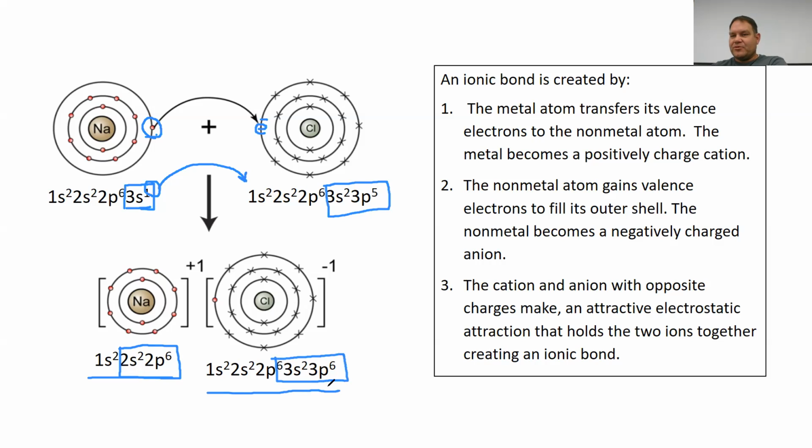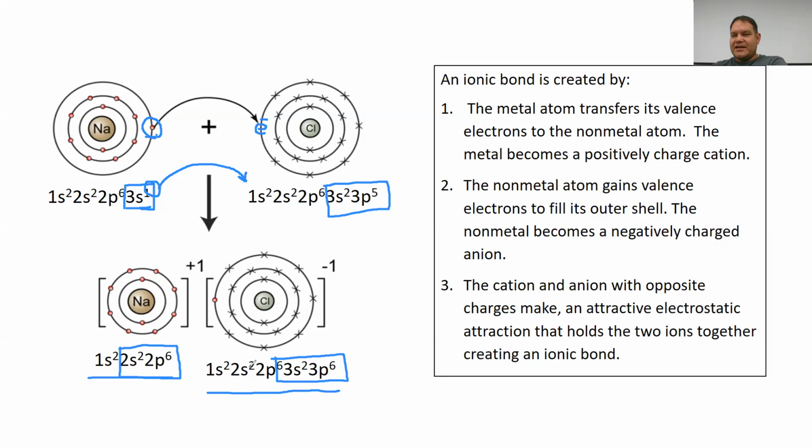It just gained one more electron, and now it has 8 electrons in its valence shell, which is the third shell. Okay? And so this is the game that these atoms are going to be playing. The metals are going to lose electrons in their valence shell, and the nonmetals are going to take them to get full shells.